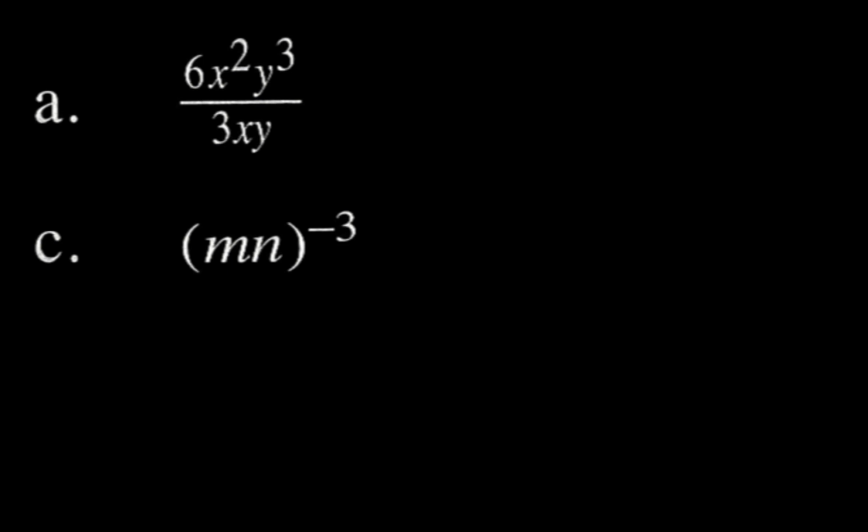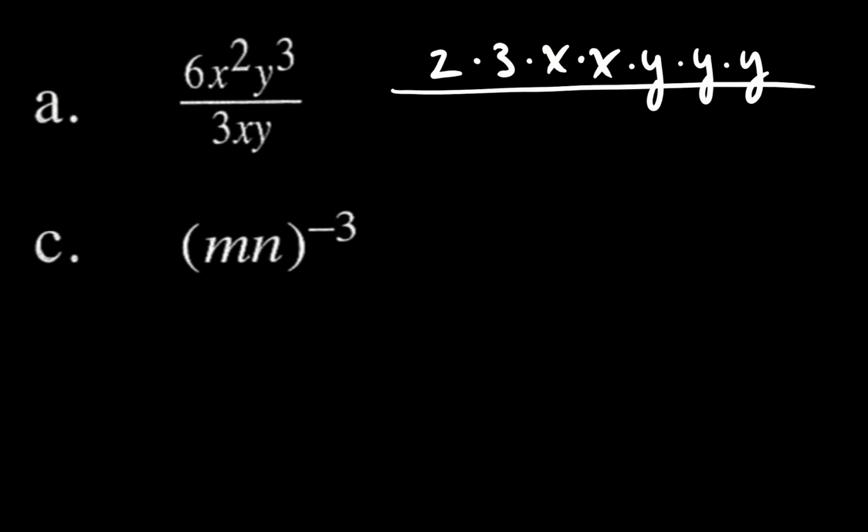So I could rewrite the numerator as 2 times 3 times 2 factors of x and then times 3 factors of y. And in my denominator, I have a factor of 3, a single factor of x, and a single factor of y.